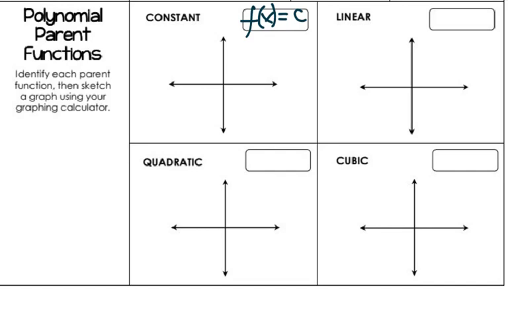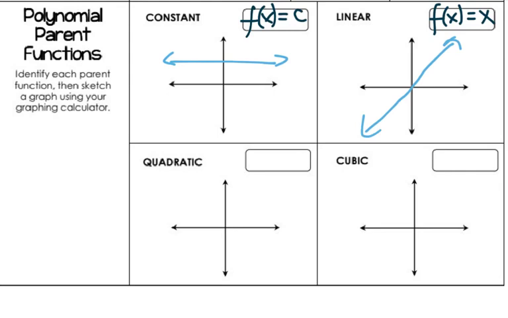So a constant function is going to be a horizontal line passing through c. Linear function is going to be in the form f of x is equal to x. So this is a parent function. It's just the basic linear function that goes through the origin, and the slope is 1 over 1. So this is the parent function of the linear function.